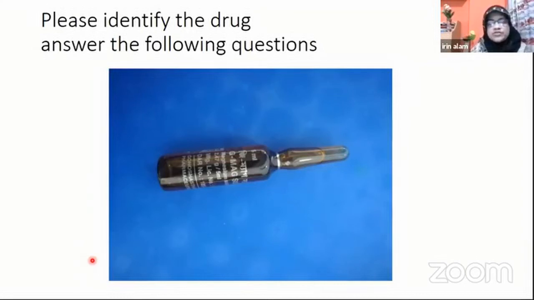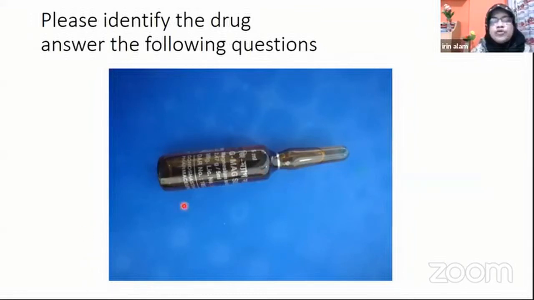That means injection oxytocin, injection ergometrine, injection nalbuphine, injection MgSO4, and tablets such as antihypertensive drugs, methyldopa or labetalol, or any injection dexamethasone. Any drug can be given during the exam. And the question will be like that: identify the drugs, and some questions will be given, answer the following.